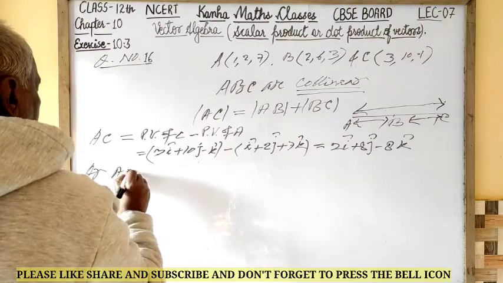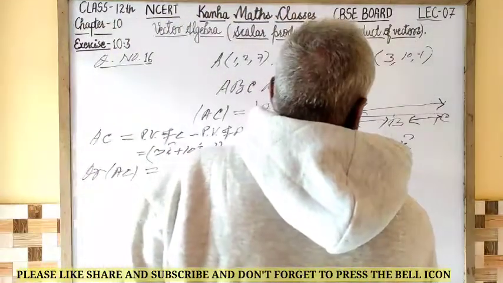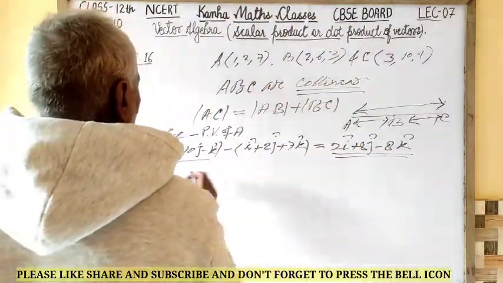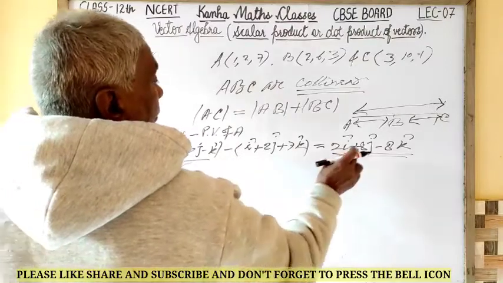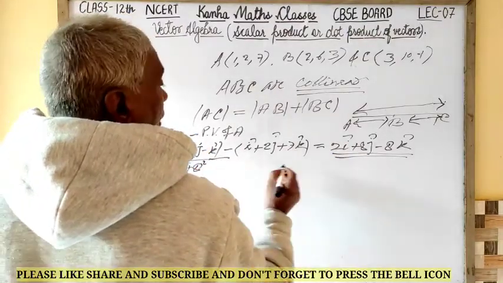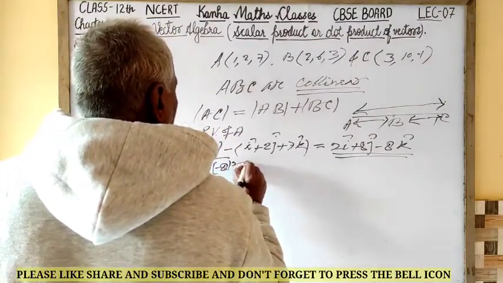The magnitude of this vector AC is equal to under root 2 square plus 8 square plus minus 8 square.